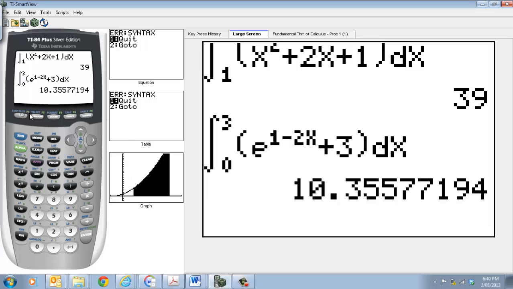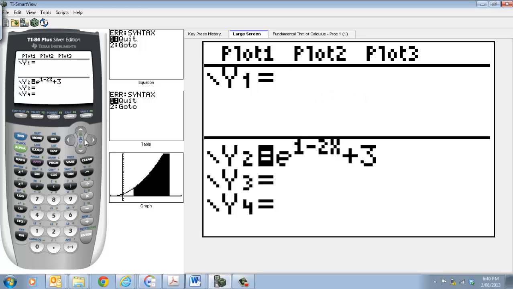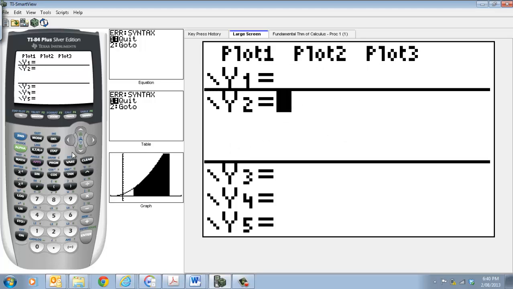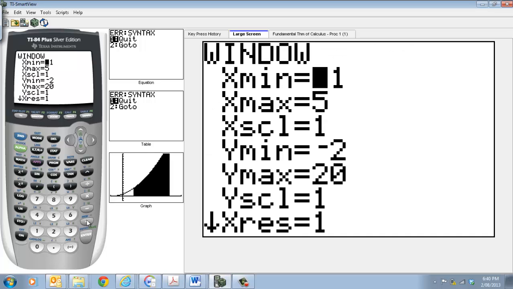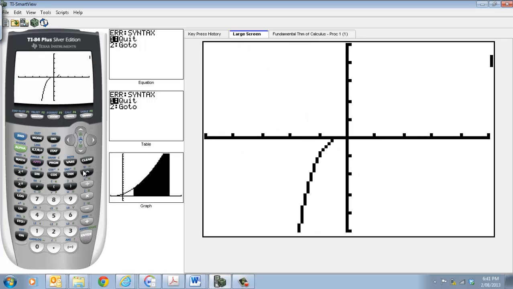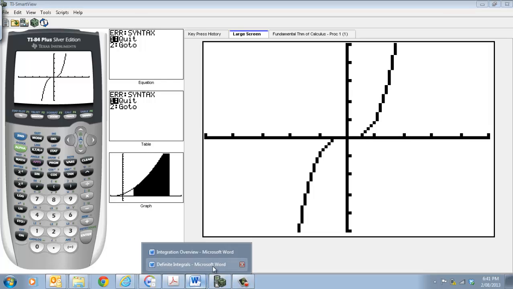In terms of, let's go up here and we'll just clear these things here and clear this graph here. Let's put in x cubed, x to the power of 3. Right. And we just set our window from -5 to 5, and let's graph that. Right, you can see it sort of does that inflection point. So if I'm looking at my integral from that, let's go back to what we were talking about.